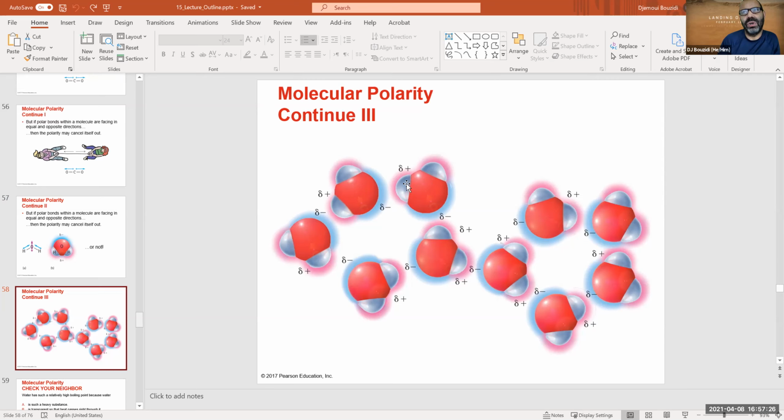So this molecule will turn itself so as to bring one of its hydrogens closer to the oxygen in here and have this weak interaction. This is a dipole-dipole interaction, and this is how liquid water forms, basically.